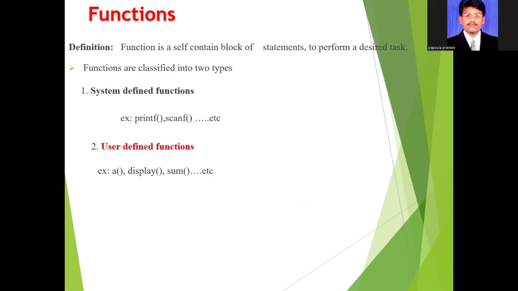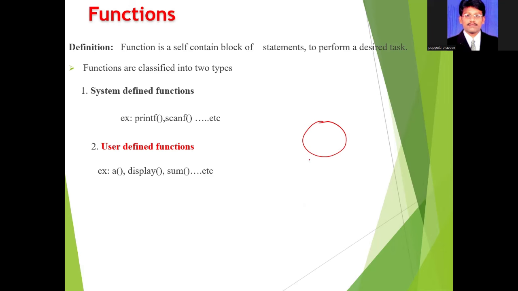So this is developed by different people, not only one person, not only 5 or 10 people, but more than hundreds of people, right? So this project can be divided into modules. Each module is called a subprogram or function. That's why it is called a self-contained block.